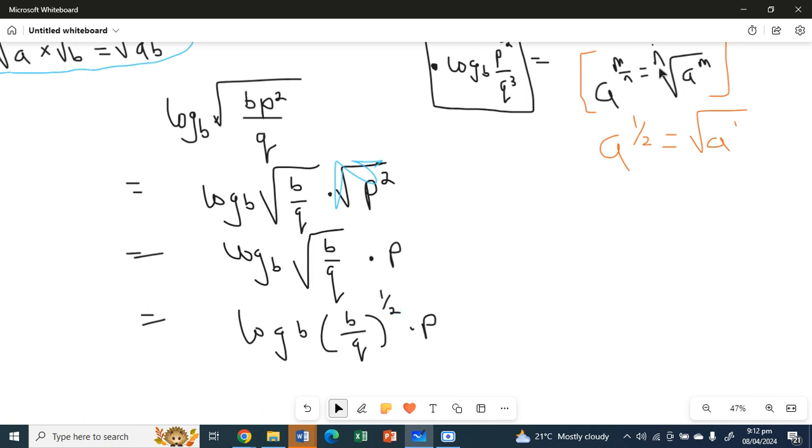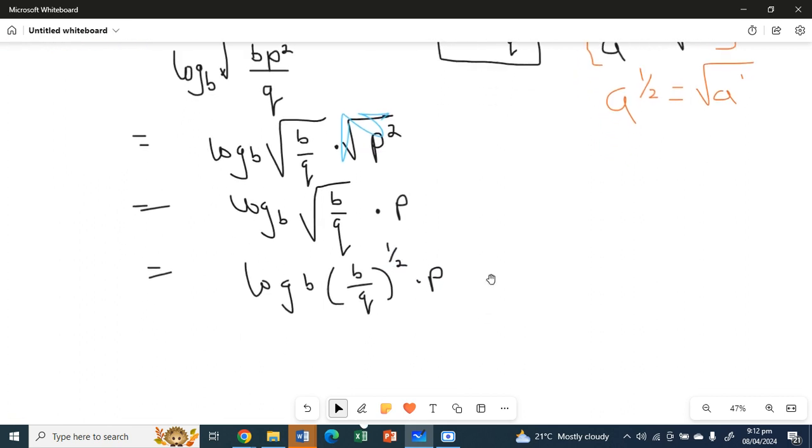Using this law from indices, we get rid of this radical by changing it to the power 1 over 2. Are we okay with that part? Are there any questions on that part?